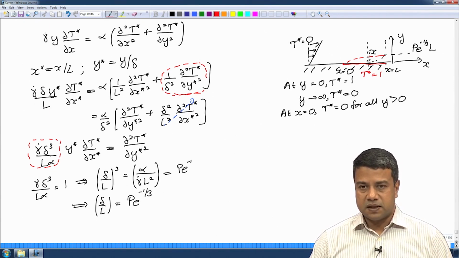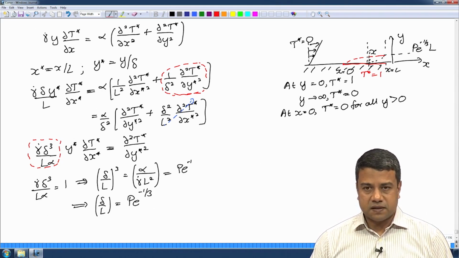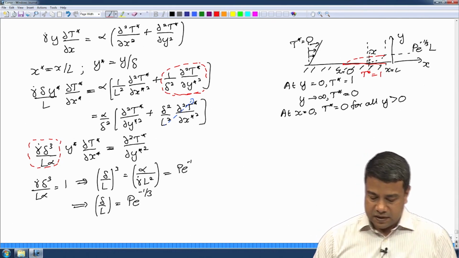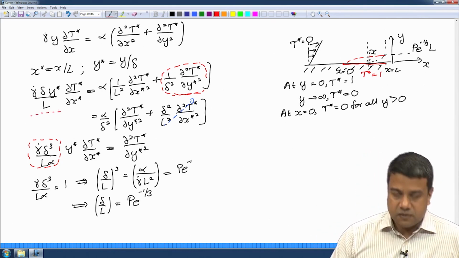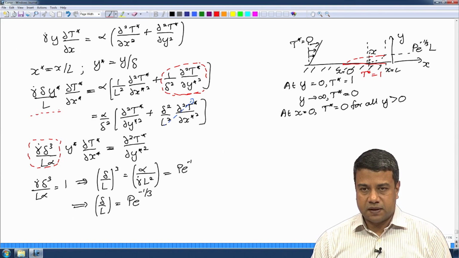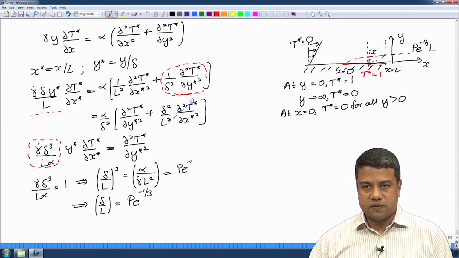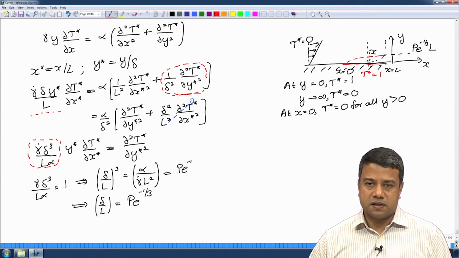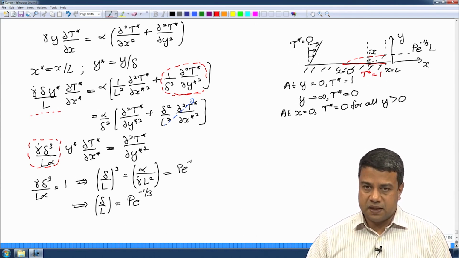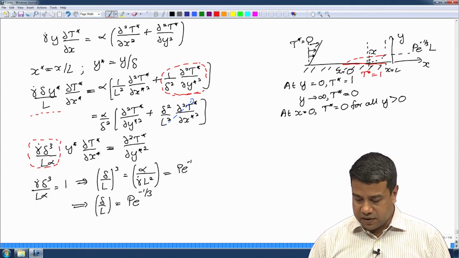In this particular case, for the flow past a flat surface, because the velocity increases linearly from the surface, the convection term is also proportional to delta. So the convection is proportional to the boundary layer thickness itself, and diffusion is proportional to 1 over the boundary layer thickness squared, because you have a second derivative in the Laplacian of temperature.